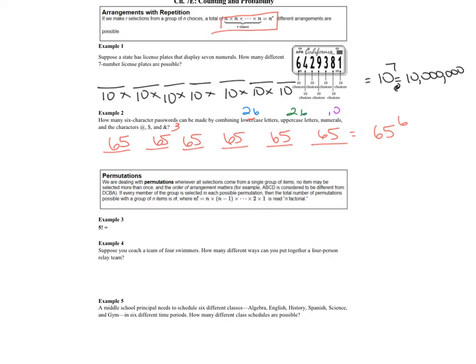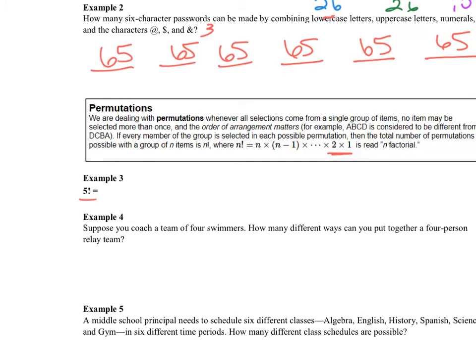So the way this works is we use this symbol that's called a factorial, where a factorial means you start off with a number n and you count down all the way to 2 and 1. So for instance, 5 factorial means 5 is your n, count down to 1. So 5 times 4 times 3 times 2 and times 1.